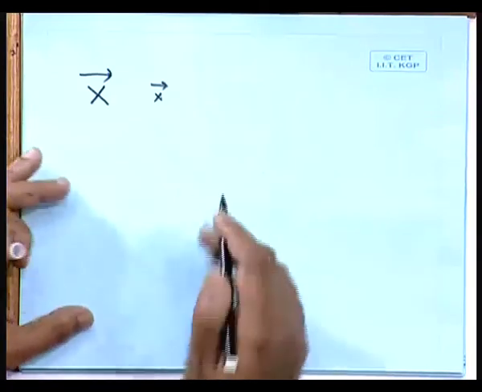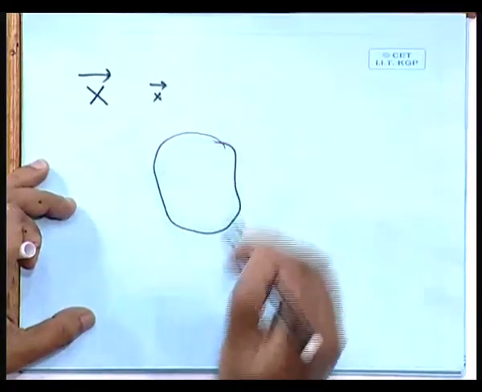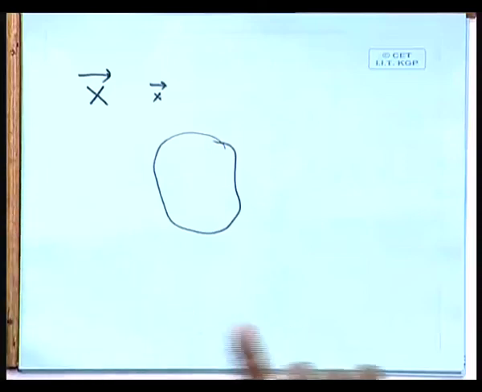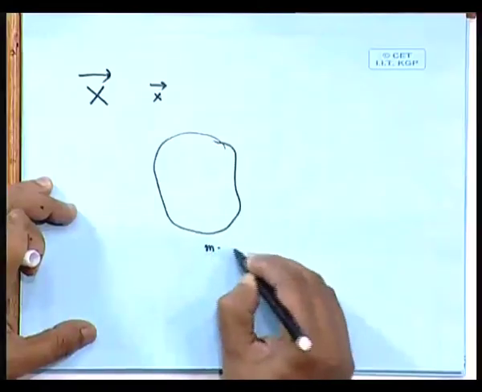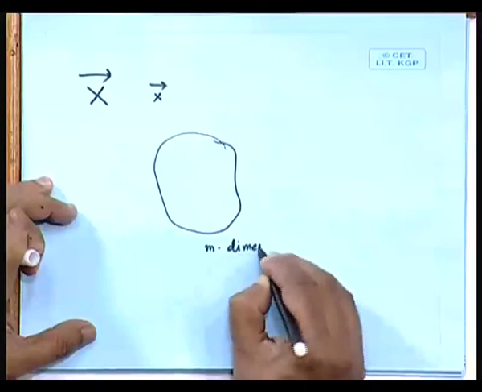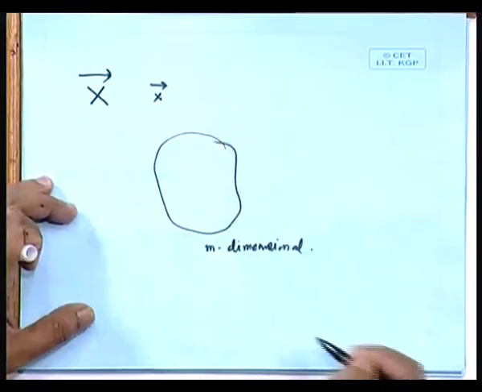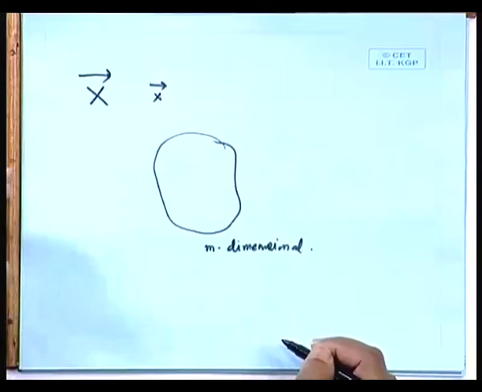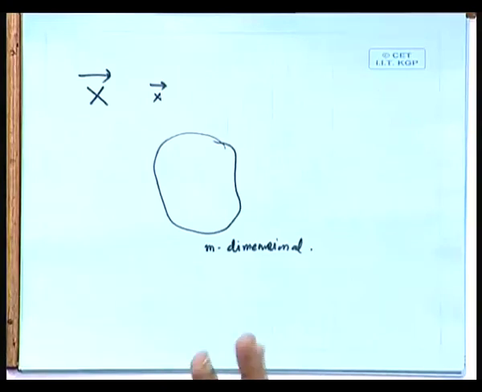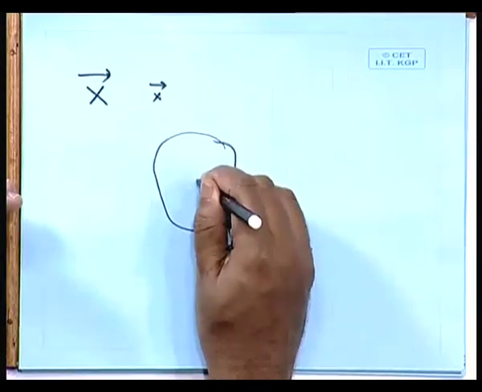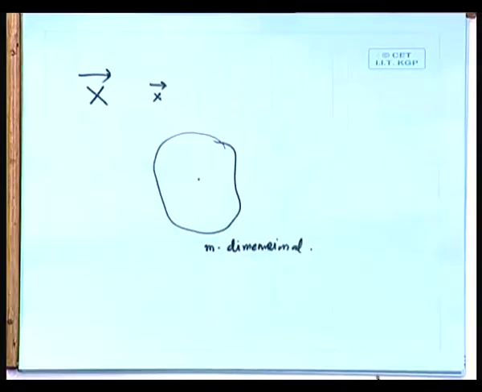If we draw an imaginary m dimensional space in which the random variable x can reside, then the instances of the small x vector will be distributed around, let us say, this mean vector.